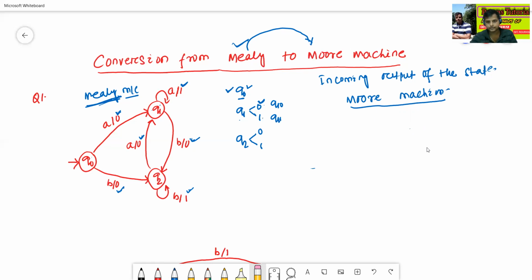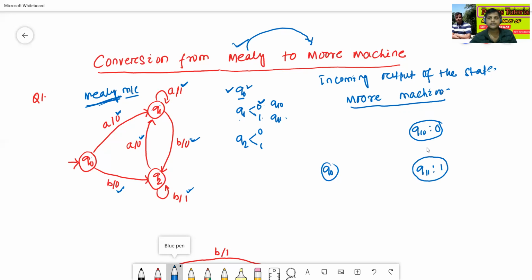This is Q0, then the Q10 state, but its output is 0. Then the Q11 state, but its output is 1.